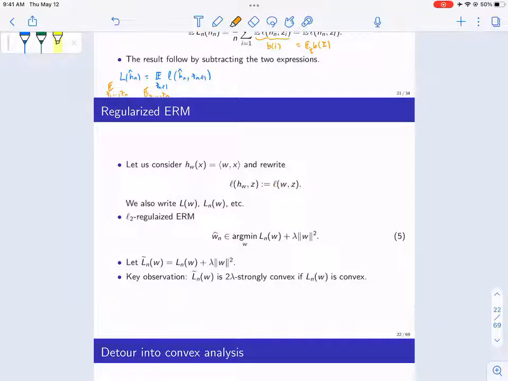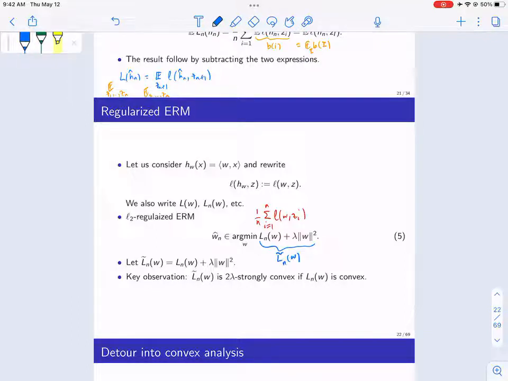And so the ERM with L2 regularization would be this quantity. This is just to remind you, this is just this guy, and I'm going to call it W hat n. And I'm going to call the whole thing W n tilde. Okay, so this is the regularized empirical loss.